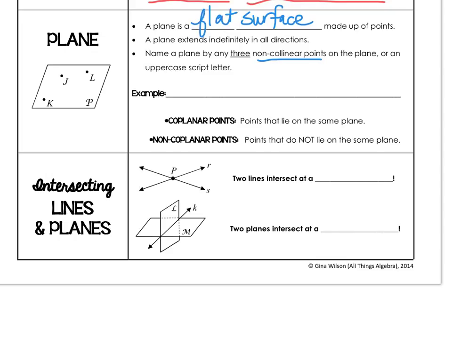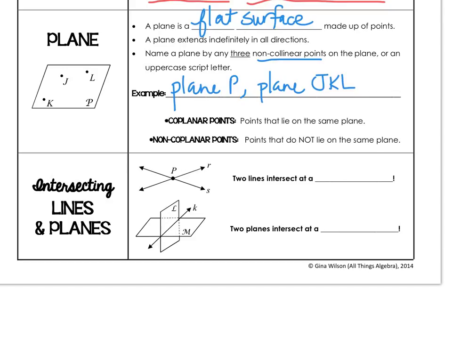So in our example here, we could call this plane P, or we can call this plane JKL. Notice that the letters JKL are written in alphabetical order.